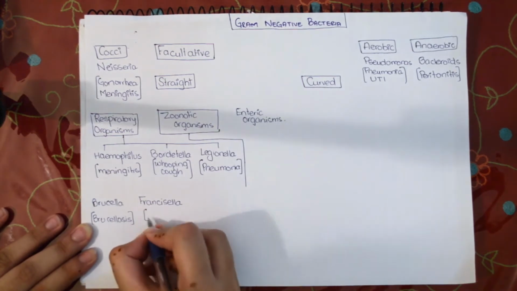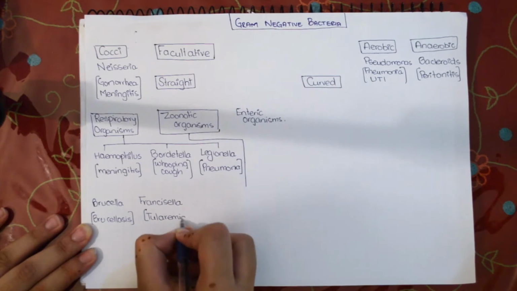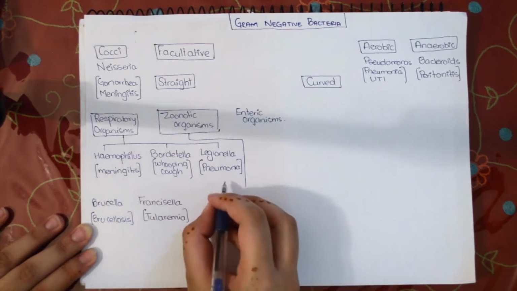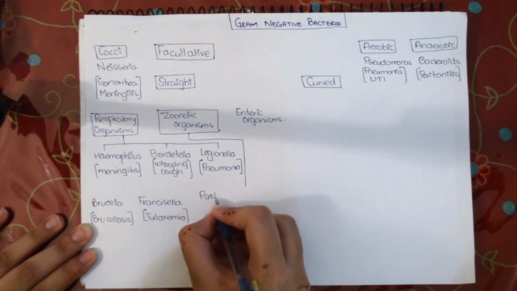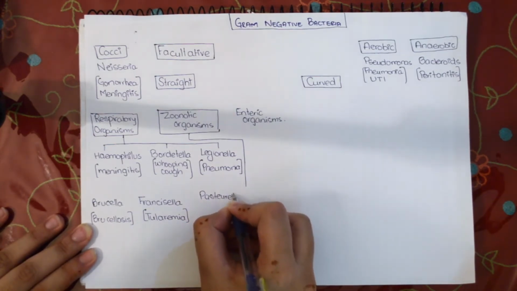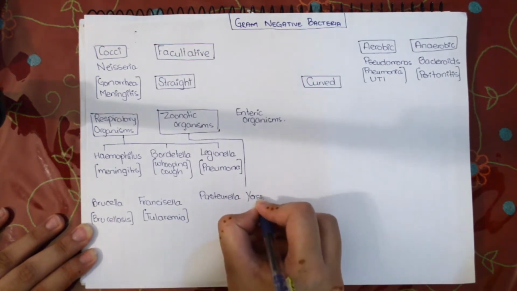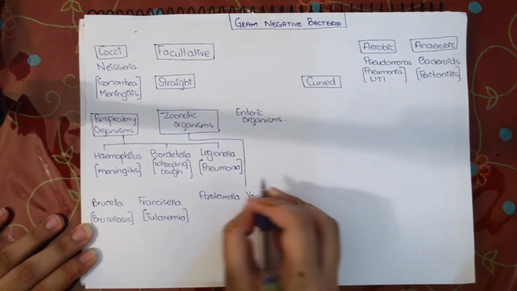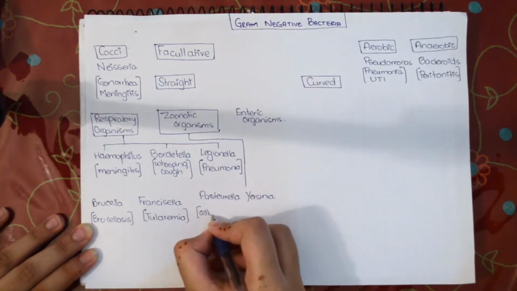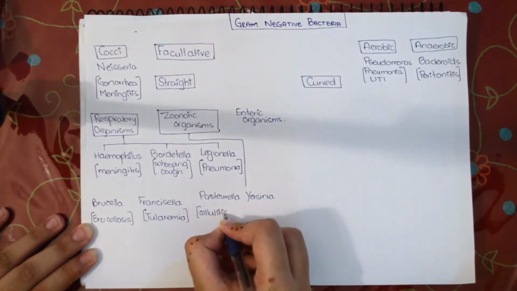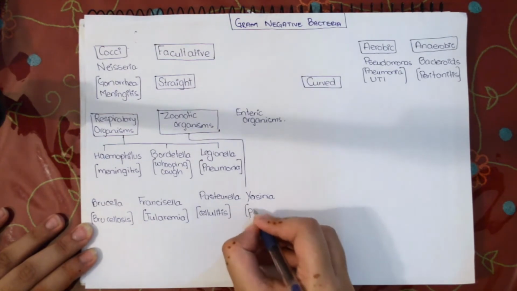Francisella causes tularemia, and then there is Pasteurella and Yersinia. Pasteurella causes cellulitis. Yersinia causes plague.